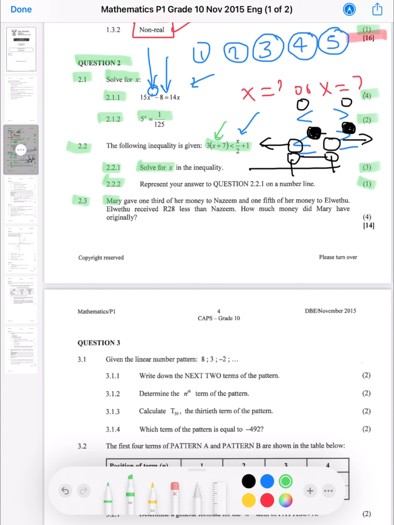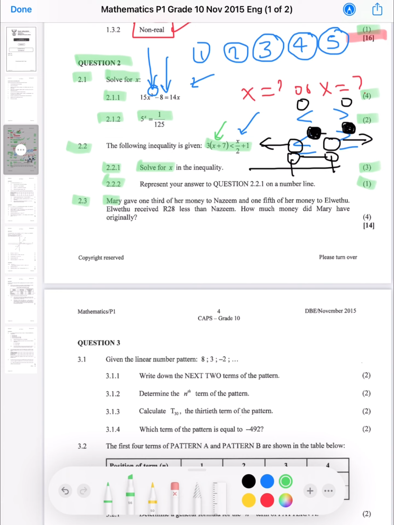Mary gave 1/3 of her money to Nazim, and 1/5. Don't read that as 50 because you are thinking about 50 rand. Okay, this is 1/5 of her money to Elway too. These guys are money. Nazim and Elway too.